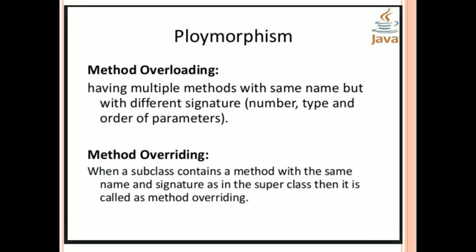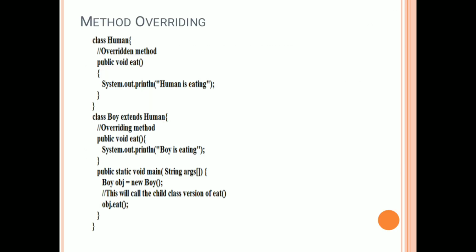Now let us see an example of method overriding. Here Human is a class in which public void eat is a method, and Boy is a subclass of the class Human. Why? Because Boy is extending the class Human.